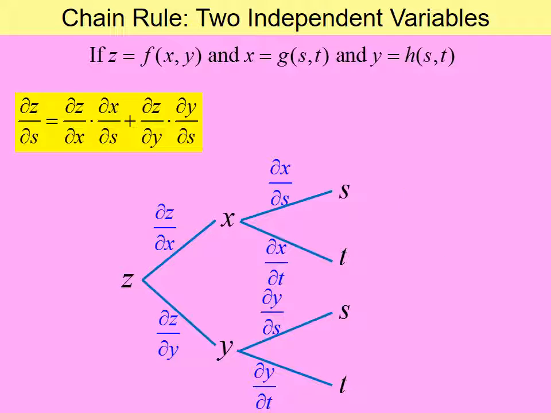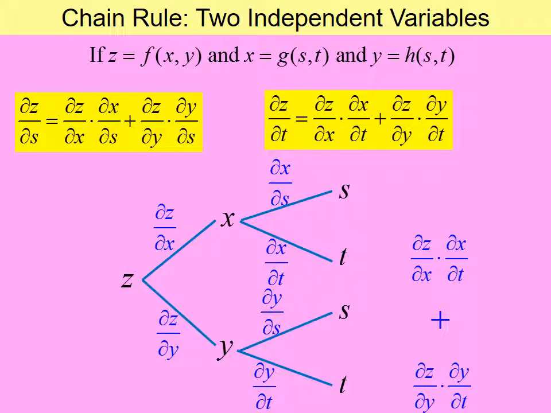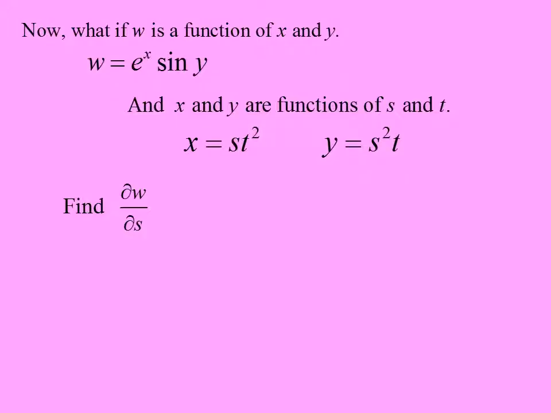Now, likewise, if we wanted the derivative of Z with respect to T, we need to find the branches where we can get from Z to T. Now, we already know which ones we need to be putting together from our tree diagram that we just did.